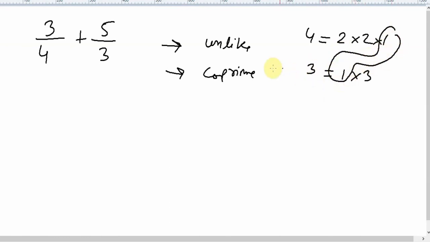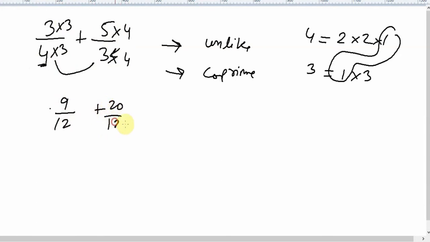So they are co-prime. In case of co-prime, the LCM we can get directly by multiplying these two. That is, LCM is 12. So make it 12. How? Simply multiply 4 by 3 and 3 by 4. Here also 3, here also 4. So 9 upon 12 plus 20 upon 12.